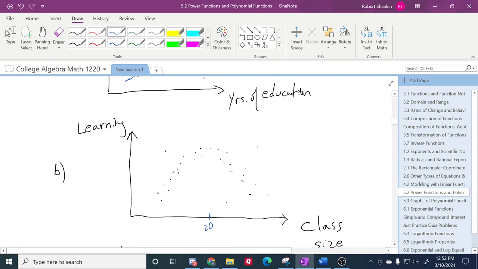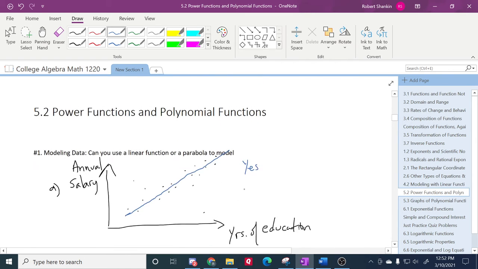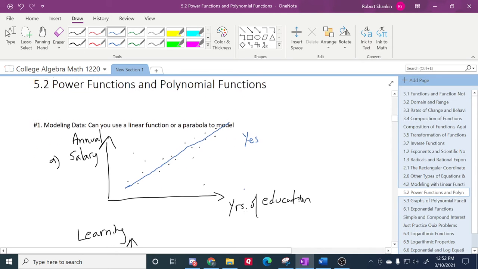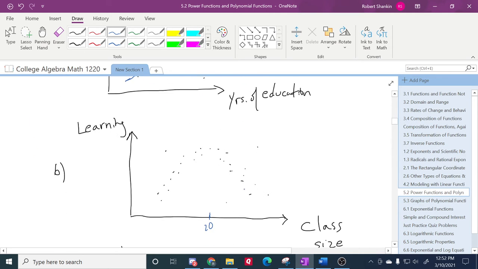And it tended to hump like this. Then, in this situation, if this is what they find out, a line does not model what happens. If it curves like this, you can't get a linear model. But you could get a parabola, and you could get a parabola of best fit. That would kind of run through the data like this.